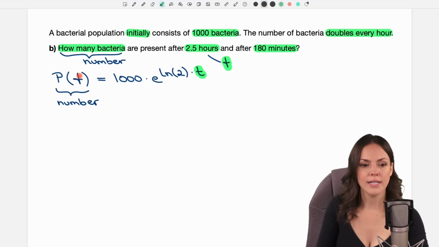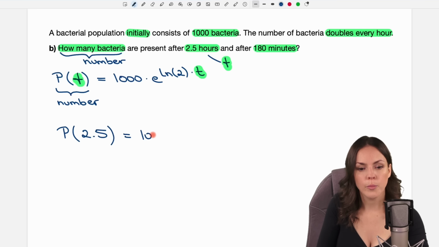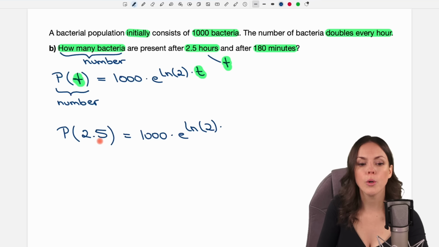Okay, so let's just insert our t then. So we're looking for p of, and instead of our t, we're going to use the 2.5 hours. Important, our t was measured in hours, so we always have to insert hours, but we have 2.5 hours here, so it's okay to insert 2.5. And we're going to write down everything, but as soon as we get to our t, we're going to insert the 2.5 in there.